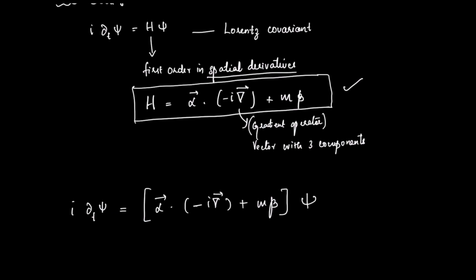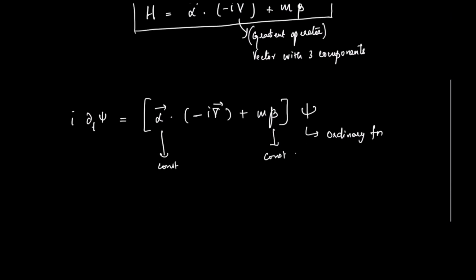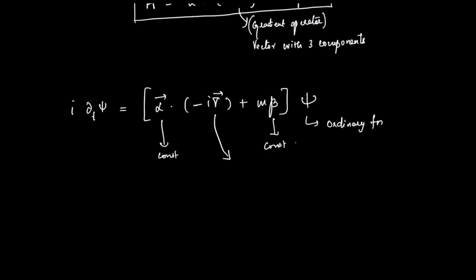Okay, so here you can see that if psi is an ordinary function, and alpha and beta are constants, then the gradient operator cannot contract with any other term. And this cannot be Lorentz covariant.